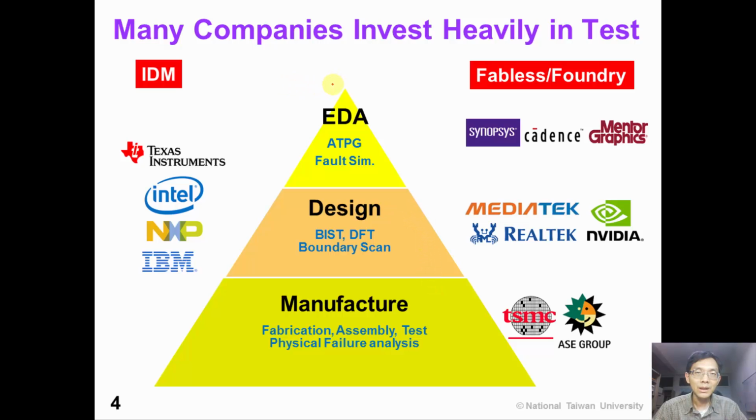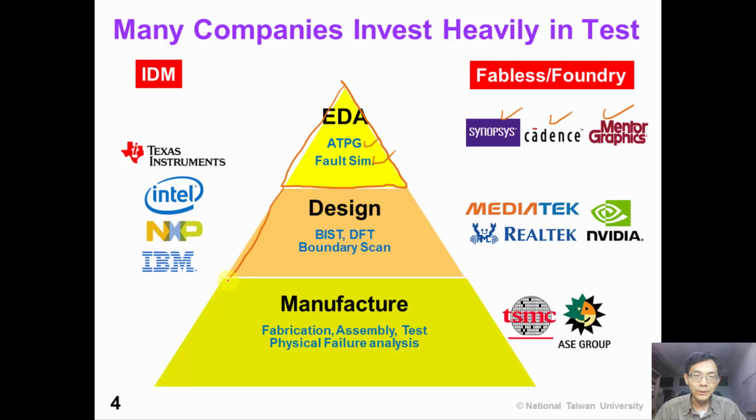In this semiconductor pyramid, we can see many important companies are investing heavily in tests. On the top of the pyramid, there are many important EDA companies such as Synopsys, Cadence, Mentor. They all provide important EDA tools for testing, such as ATPG and fault simulation.